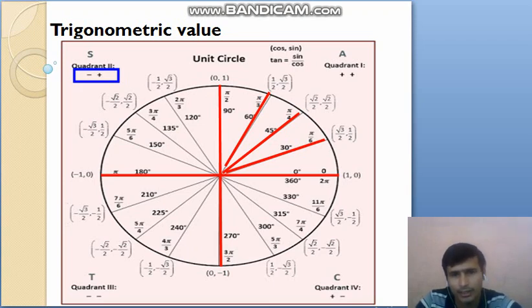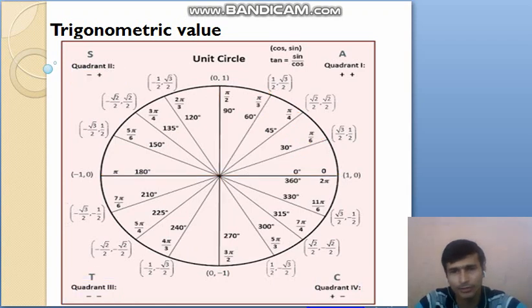Y coordinate is similar. In the third quadrant, both the x and y coordinates are negative. And in the quadrant 4, x coordinate is positive and y coordinate is negative.